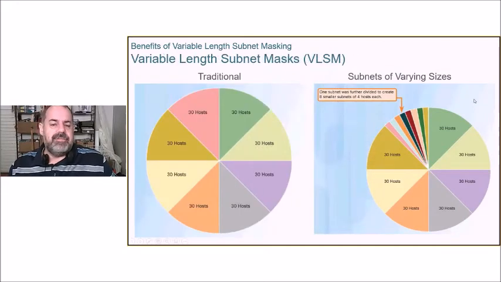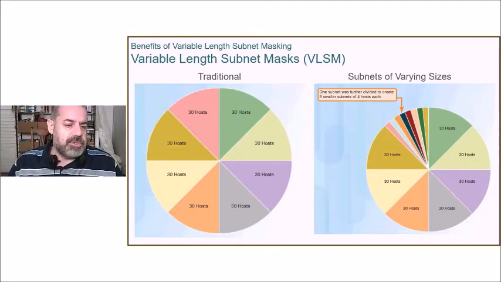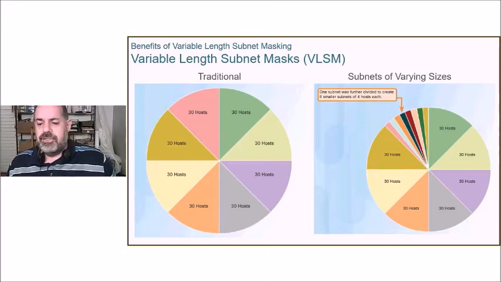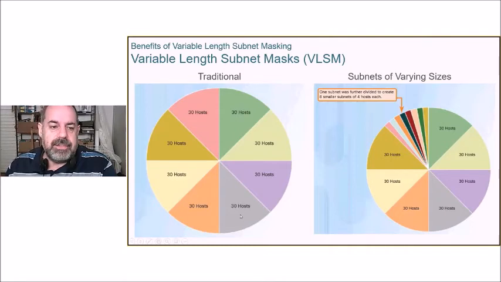So basically, VLSM or variable length subnet mask means each subnet can have a subnet mask that suits their needs. In this case, traditionally you would have had to create for 30 hosts per subnet. You can create 8 subnets.